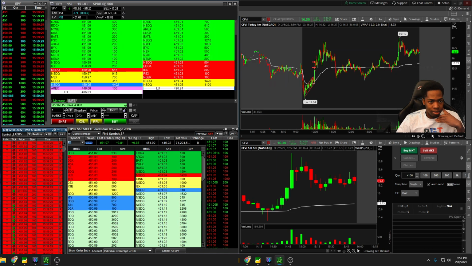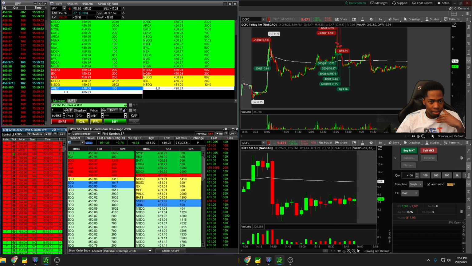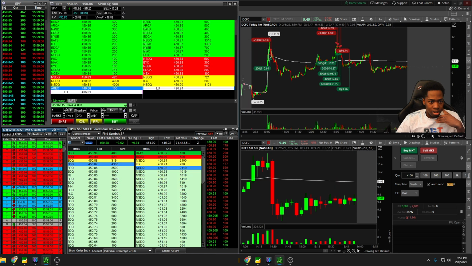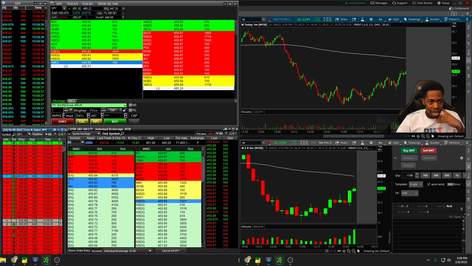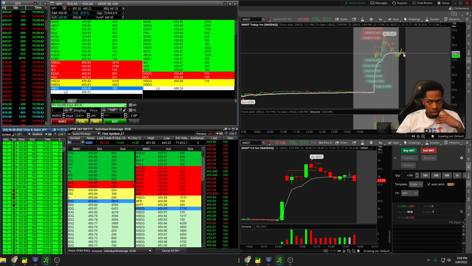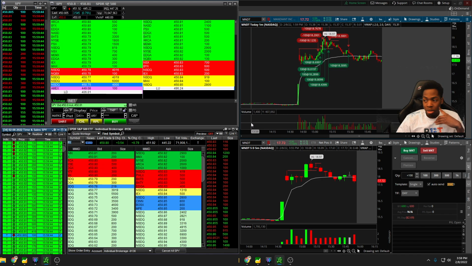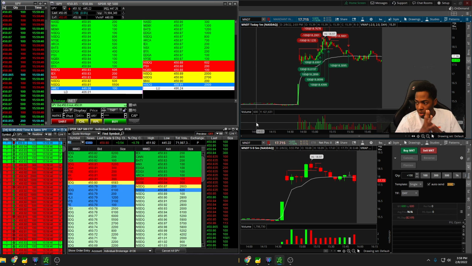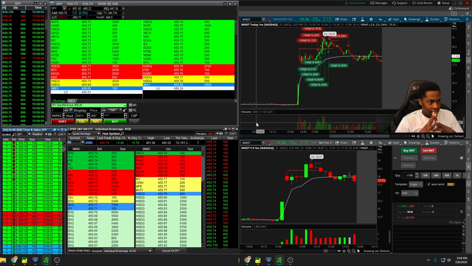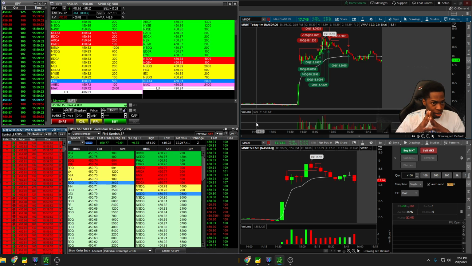CFVI, not much. DCFC, this one ended up selling off. Macy's, not much. It doesn't seem like there's any small cap stock moving right now. 10 seconds to the close.